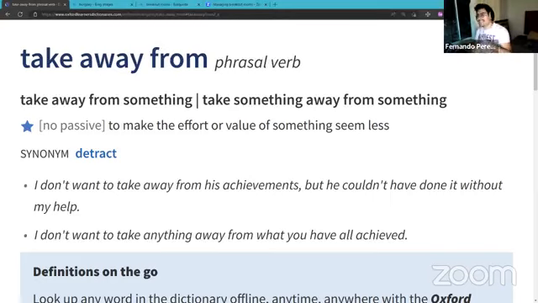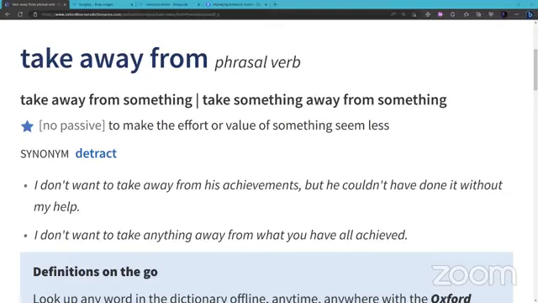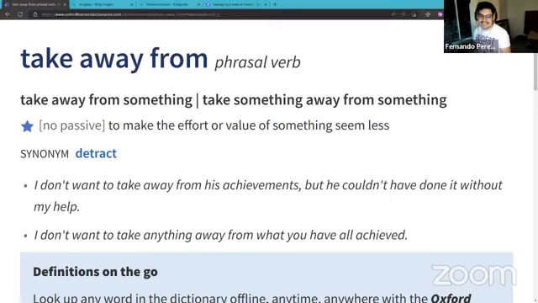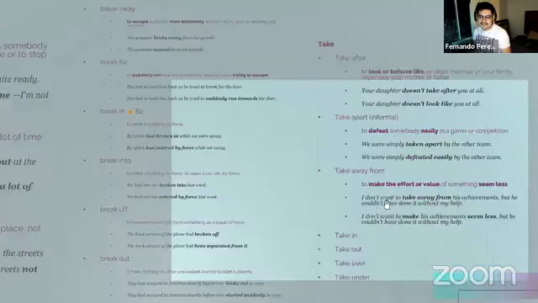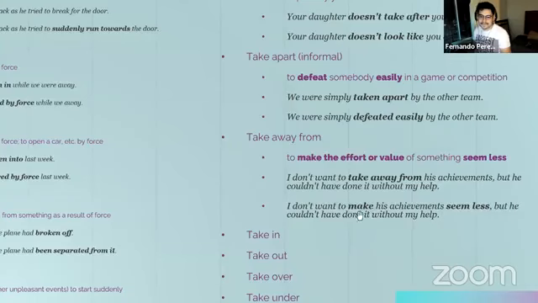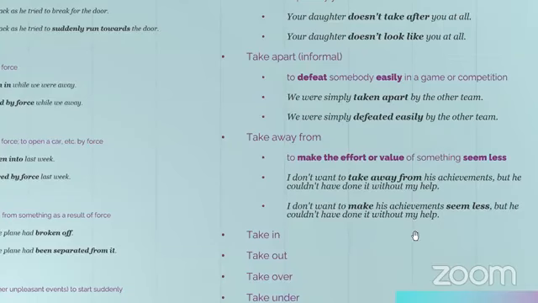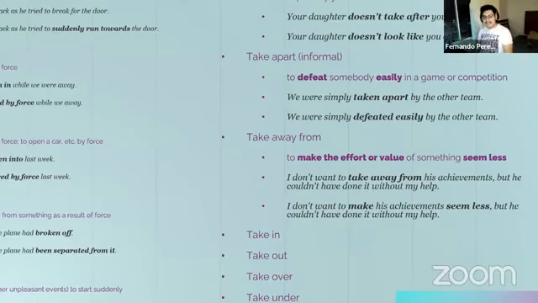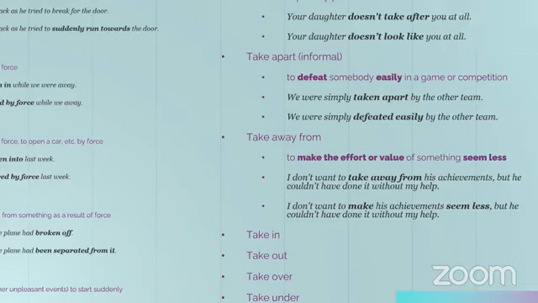I don't want to make his achievements seem minor. This is the example that I was thinking about. The other way was I don't want to make the effort of his achievements seem less. But that was too much, you know? Yes. That's another way to say it.